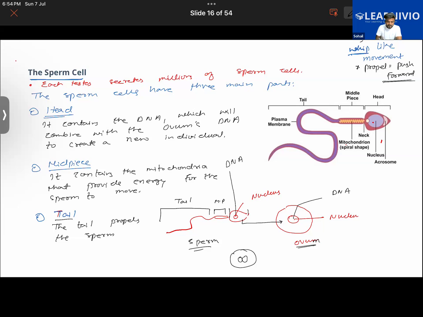Not like a fan, but basically it helps the sperm move towards the egg. Like in a motor there is a propeller, but not exactly like that; that's a different thing. The tail propels the sperm towards the egg.